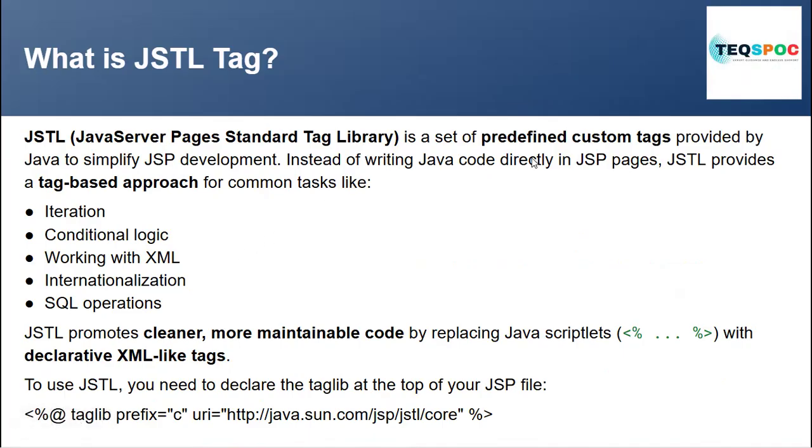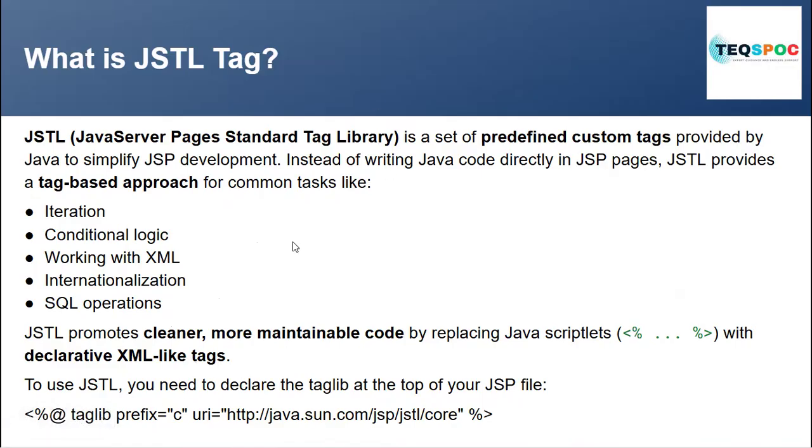So instead of writing Java code directly in the JSP page, JSTL provides a tag-based approach. It has tags for iteration, for conditional logic, for working with XML, and for SQL operations. JSTL promotes clearer and more maintainable code by replacing Java scriptlets with declarative XML-like tags.